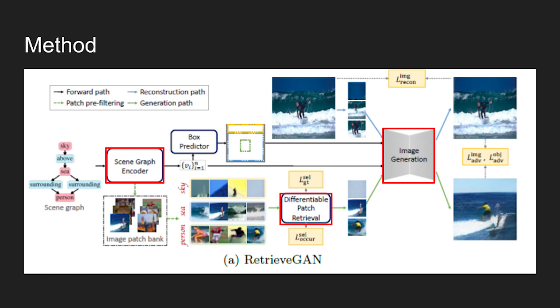Given the box coordinates of each object, the patch retrieval module retrieves an image patch for each object from the image patch bank. The objective of the retrieval module is to maximize the compatibility of the retrieved patches and improve the quality of the synthesized image by the subsequent image generation module. Lastly, the image generation module takes retrieved image patches and bounding boxes as an input and generates the final synthetic image.